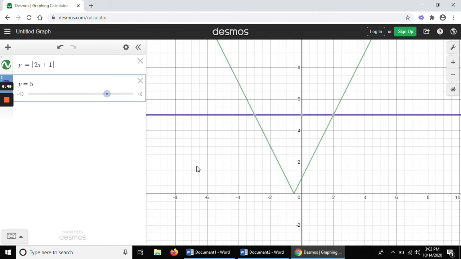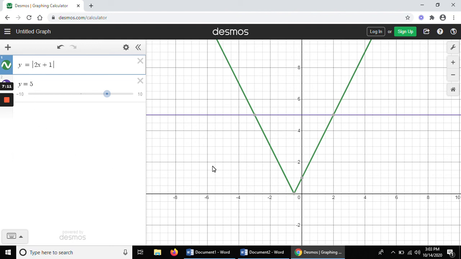Now we have 2 graphs. The green graph is for the absolute value portion of the equation. The blue graph is the equation of y is equal to 5. Okay.